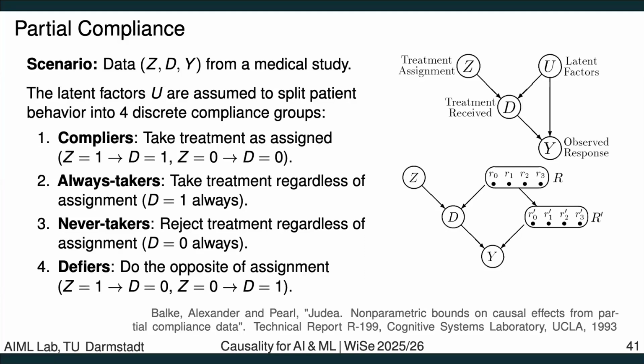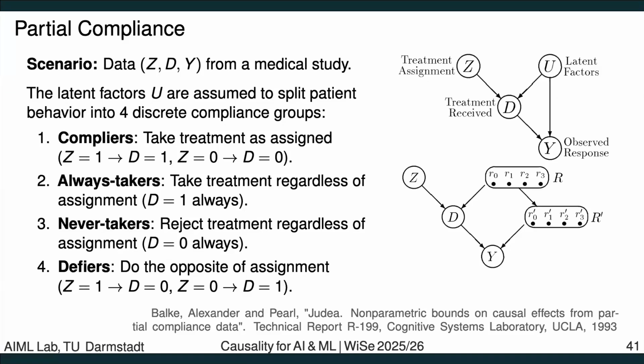Everything goes in there, and we assume that these latent factors can affect whether they really took the treatment, and also whether the medication was effective. Particularly, we assume also that the treatment assignment is independent of these latent factors. So basically, we are doing, for example, a randomized control study where we randomly assign treatments to patients.